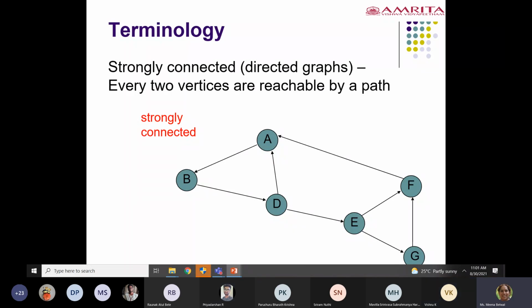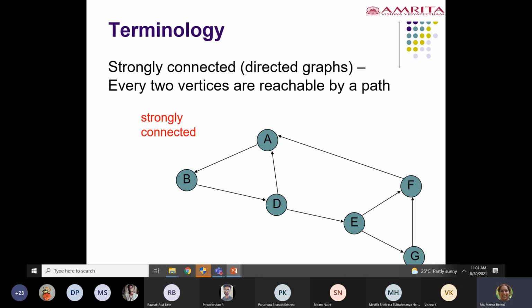I understood your point. What you are saying is there is one cycle, A, B, D, A. No, I'm not talking about a small cycle. I'm talking about a cycle in which all the nodes are involved, like the one that's there. Understood. You are saying that you have a directed graph wherein there is a cycle. Yes.